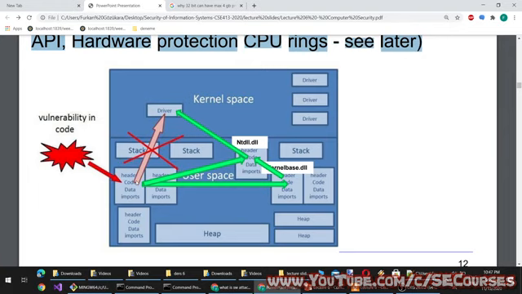So how can this code access the driver, the kernel space? It can access the driver through Windows native APIs, which are, for example, NTDLL.DLL or kernelbase.dll. This code sends a command to this API, and this API accesses the driver.